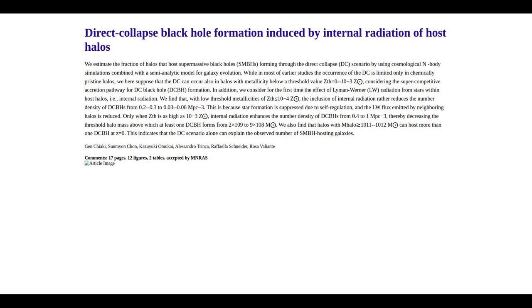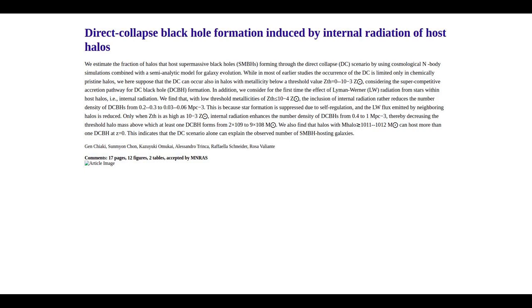In addition, we consider for the first time the effect of Lyman-Werner radiation from stars within host halos, i.e. internal radiation. We find that, with low threshold metallicities of Z_TH less than or equal to 10⁻⁴ Z☉, the inclusion of internal radiation rather reduces the number density of DCBHs from 0.2–0.3 to 0.03–0.06 Mpc⁻³.